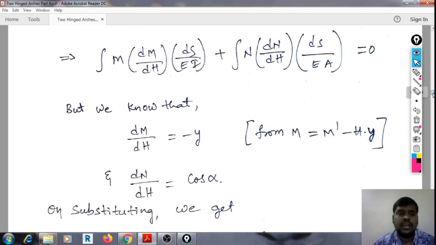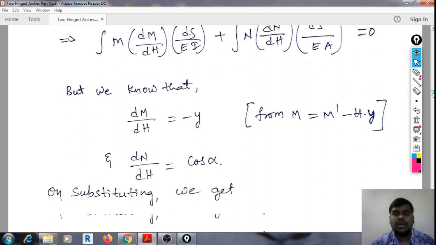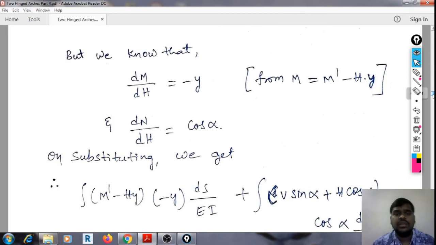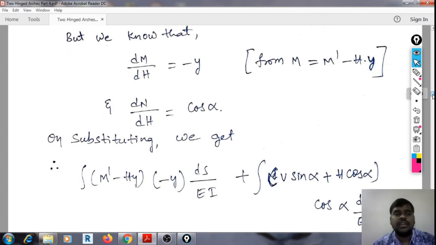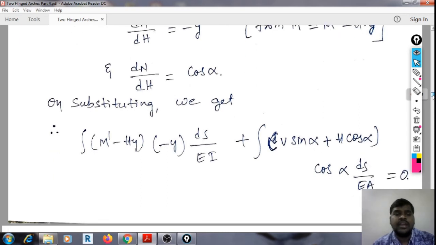And dN/dH is equal to cos alpha, that we can also get from the N equation. On substituting we get integral of (M dash minus Hy) into minus y ds by EI, plus the integral of (V sin alpha plus H cos alpha) into cos alpha ds by EA is equal to 0.